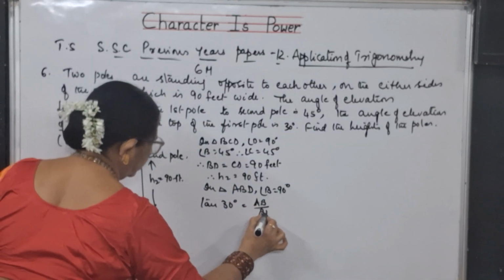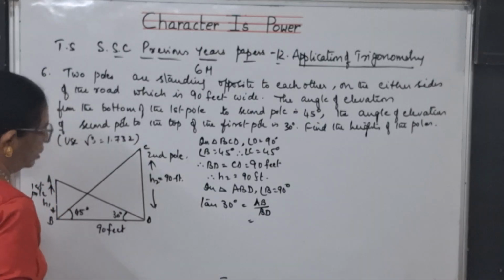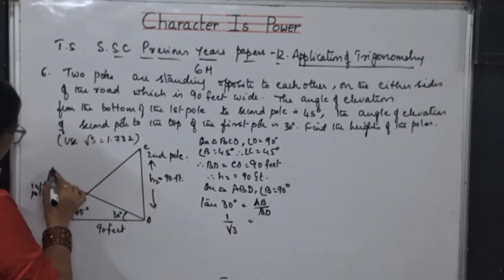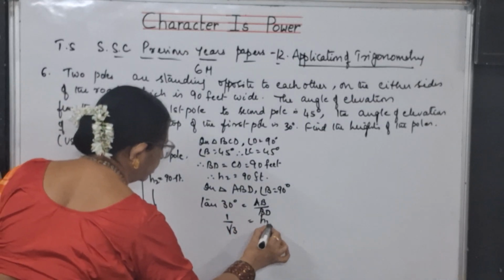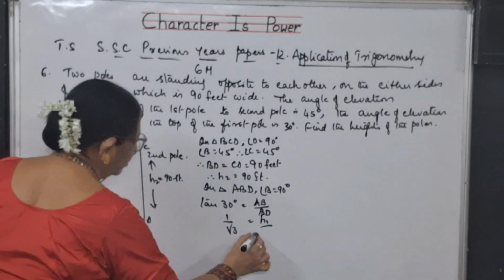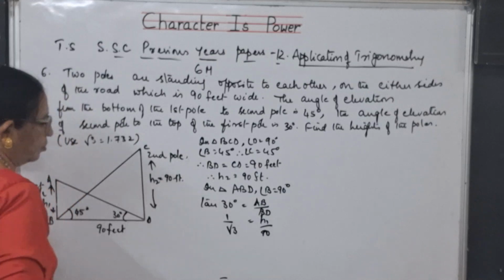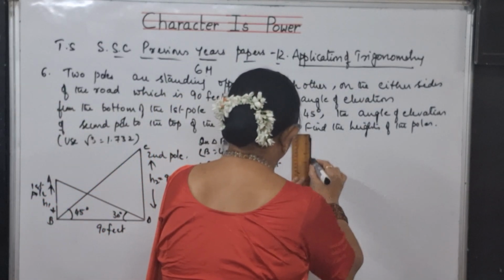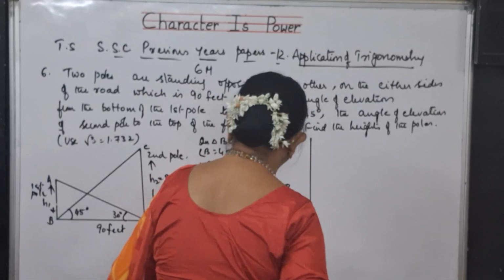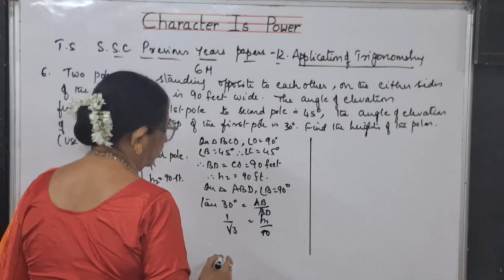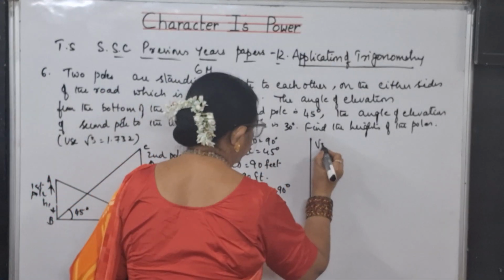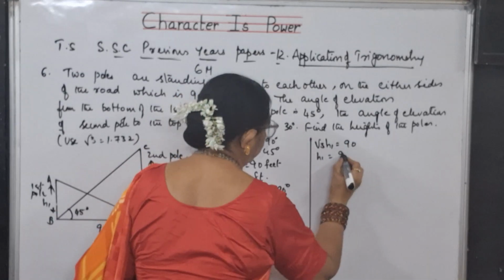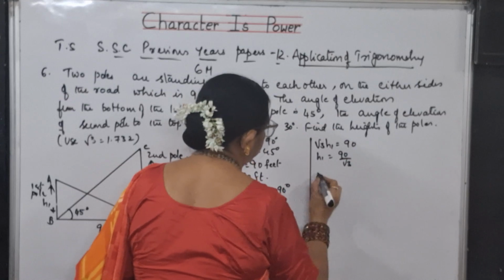Tan 30 is 1 by root 3, equal to AB is H1 by BD is 90. On cross multiplication, root 3 H1 is equal to 90. So H1 is 90 by root 3.